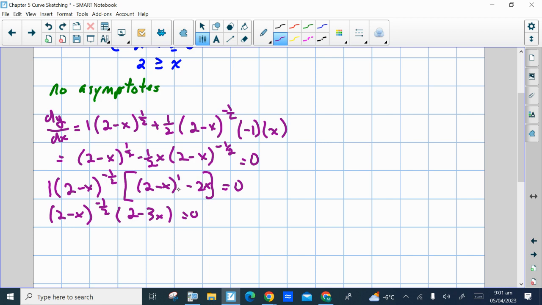Let me just check this again. 1, 2 minus x to the half is right, plus 1/2, 2 minus x to the negative a half times negative 1 times x. So this gives us 2 minus x to the negative a half. 1/2 times negative 1 times x is negative 1/2 x.